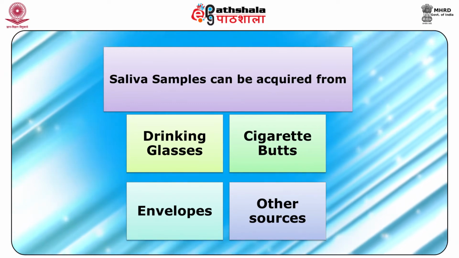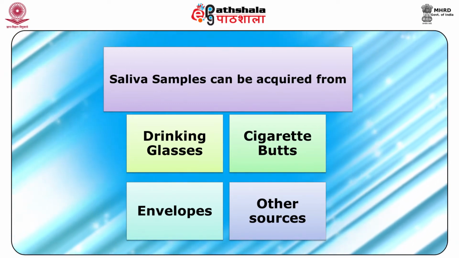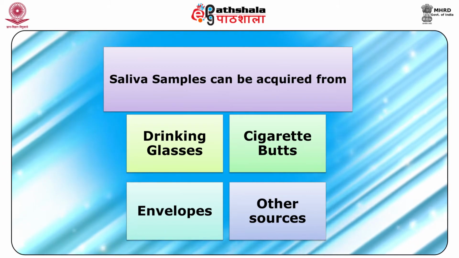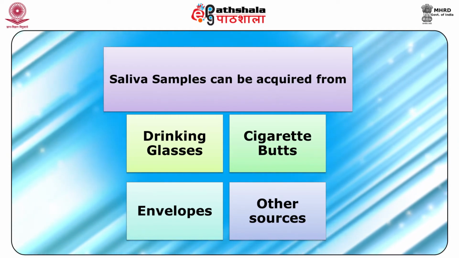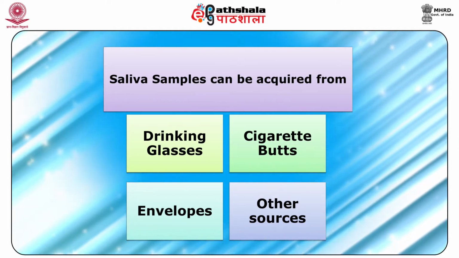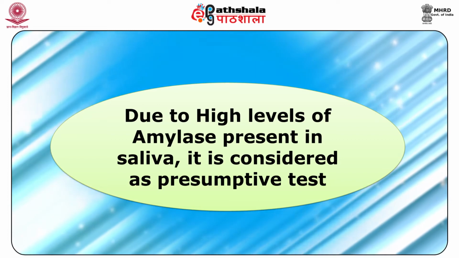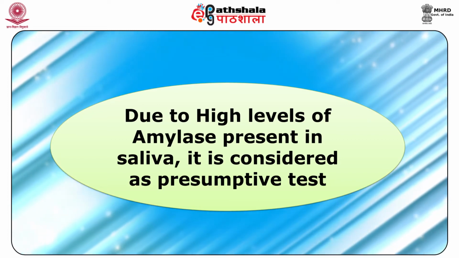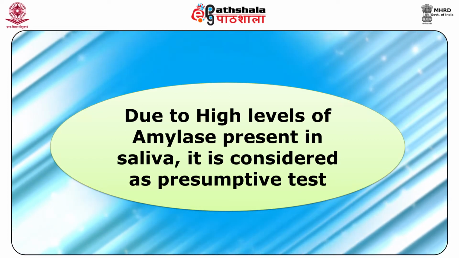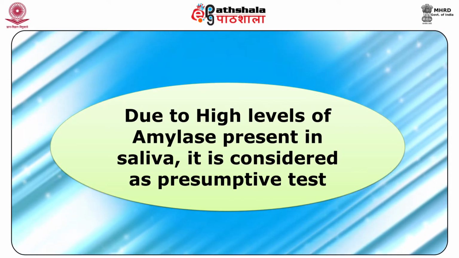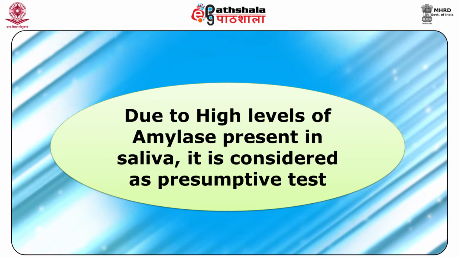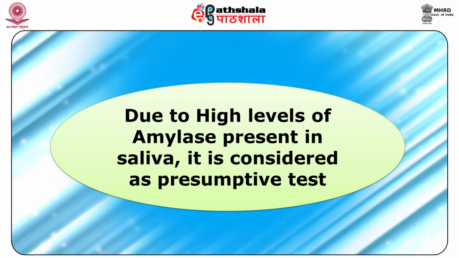Saliva will also be of great significance if found at a crime scene, such as on the victim of a sexual assault, on the cigarette end, or around the rim of a glass or bottle. Due to the high levels of amylase present in saliva, testing for this enzyme is a presumptive test for saliva. However, this enzyme is also found in lower levels in other bodily fluids.